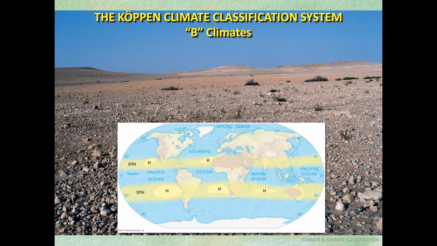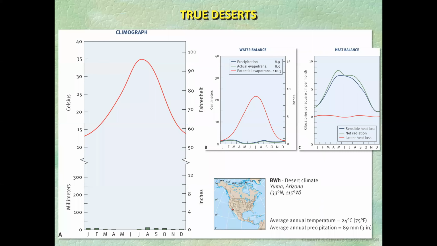Notice they're usually, not always, but usually associated with high pressure, or cold ocean currents, or the leeward side of a mountain. Again, a desert has very little in the way of precipitation bars, as you can see there. And in the end, you have a big, big, big deficit of rainfall.